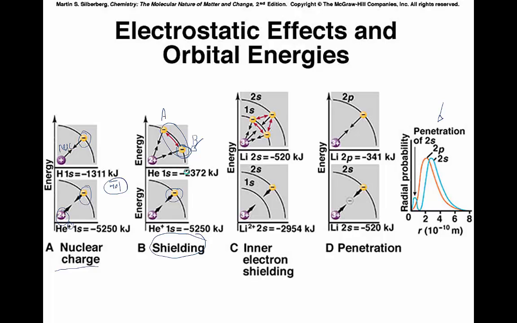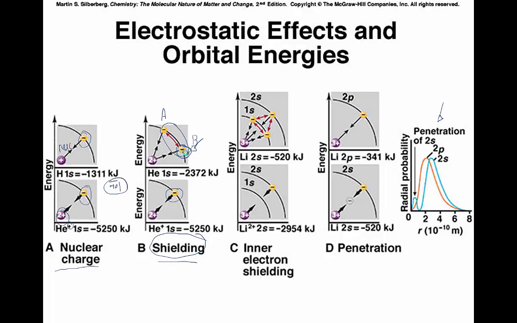One way that we could think about that is to imagine, oh, electron A doesn't get to see the full +2 charge of this nucleus because electron B over here is repelling it a little bit. So it is as if electron B shields electron A from some of the nuclear charge. That's why we call it shielding.